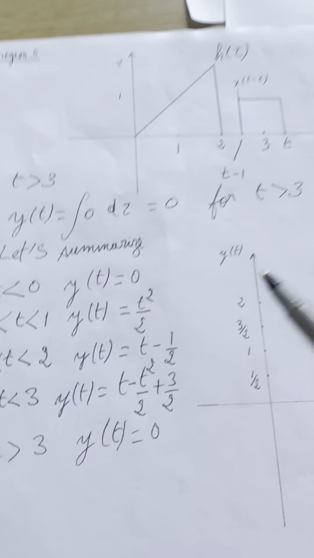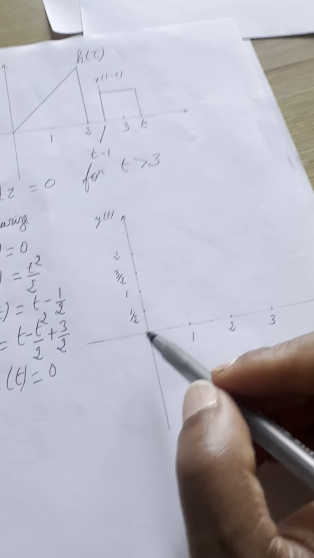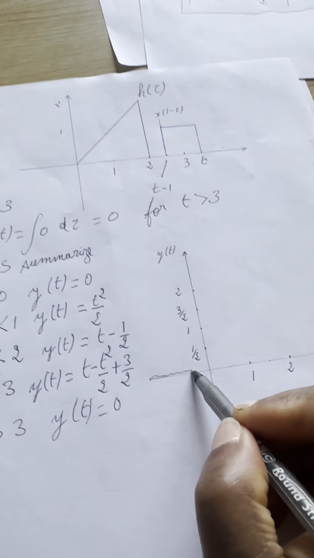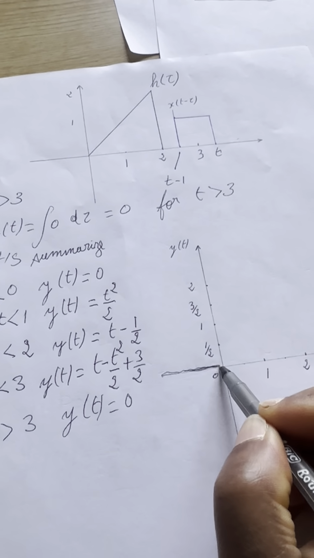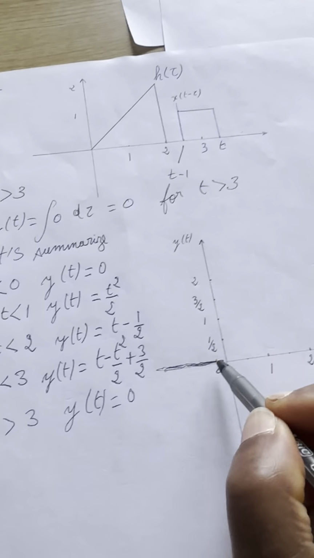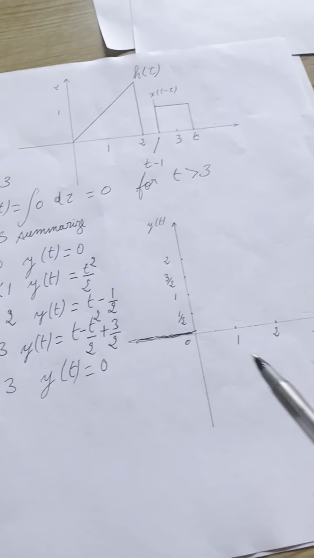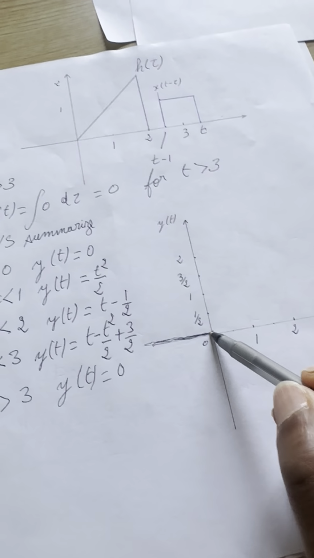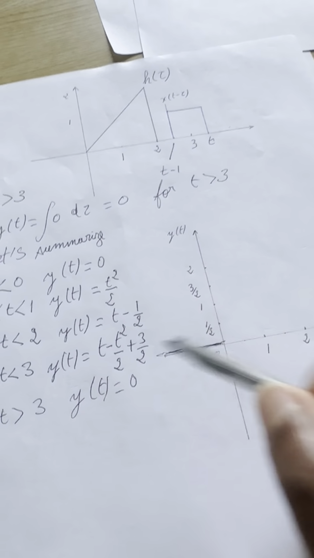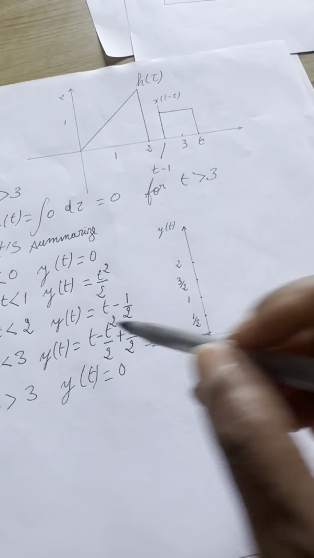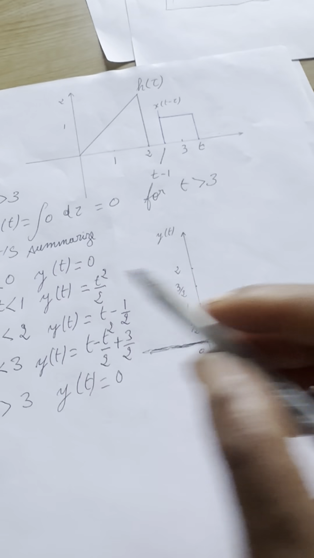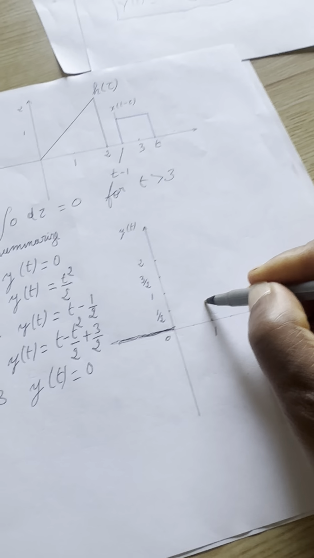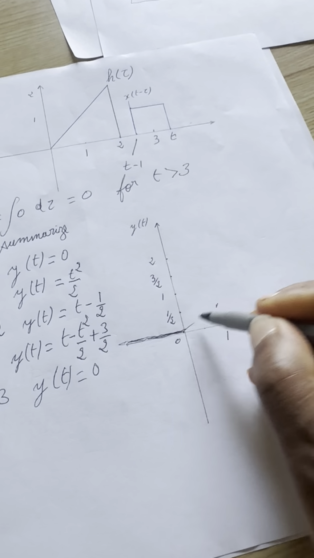So we have this graph. Here we have t less than 0, 0 here. You have 0 here, between 0 and 1. At 0 we are here, 0. At t equal 1, you replace it, you get a half, we are here, so it becomes like this.